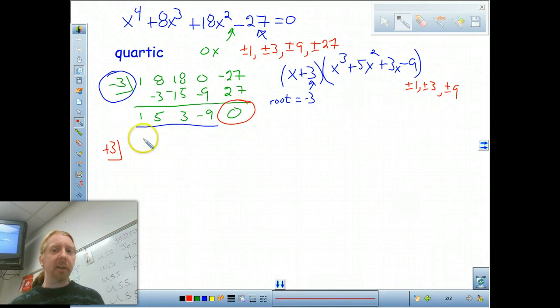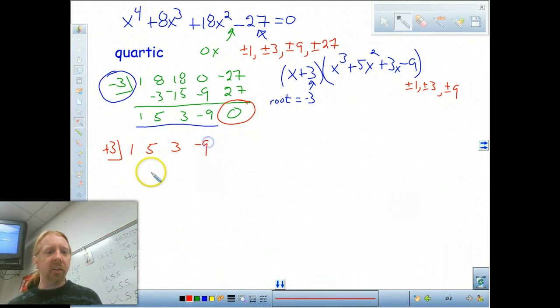I'm not liking 3 for this, but we'll see what happens. I'm not liking 3 because I'm looking at those numbers. They all seem kind of close. I don't know what 3 is going to do to them. So 1 comes down, 3 goes up. 8 times 3 takes me up to 24.